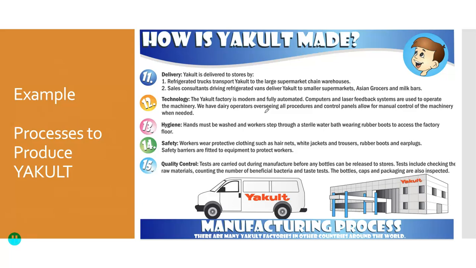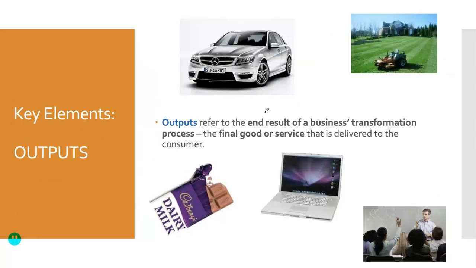Now, when we think about really complicated products like airplanes and cars, you might recognize that there are lots of different processes. But ultimately, we still end up with our output, which is the end result of the business transformation. It is the final good or service that is delivered.